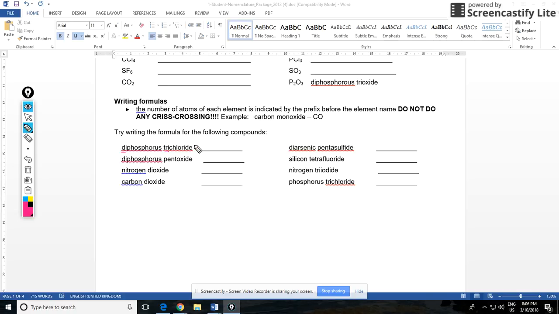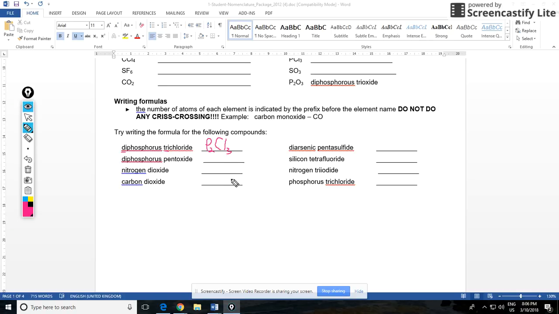So here we have diphosphorus trichloride. So you write the symbols of the elements side by side, and then you just put the subscripts based on the prefix. So the diphosphorus part means that there's 2 phosphorus atoms, and the trichloride part, the tri, means that there's 3 chlorines there.